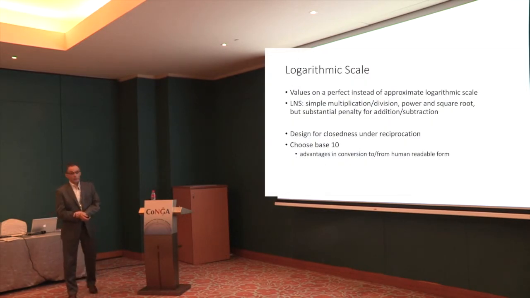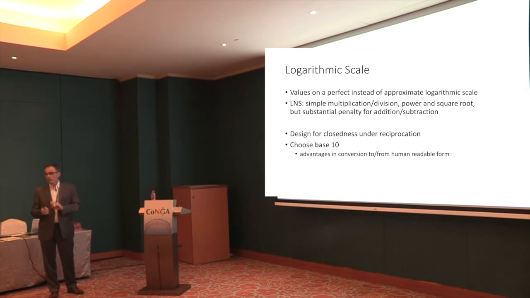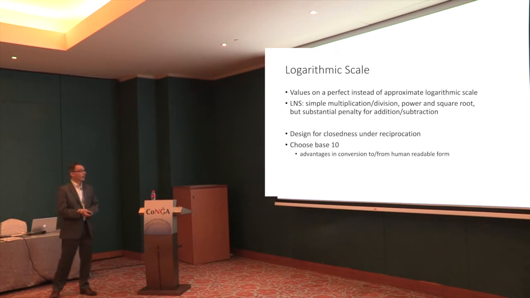The second characteristic of the slide number format is kind of enabled by the first, but basically independent from that. Once we are not searching for representing exact rationals anymore, we are relieved of trying to only approximate the logarithmic scale.